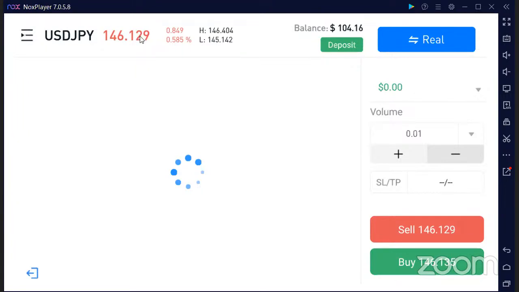Any pair associated with JPY, the pip is going to be the second digit after the decimal point. Remember, on the other currency pairs the decimal point comes after the first digit, but on the JPY pairs the decimal point comes after three digits. I hope you understand what a pip means now.